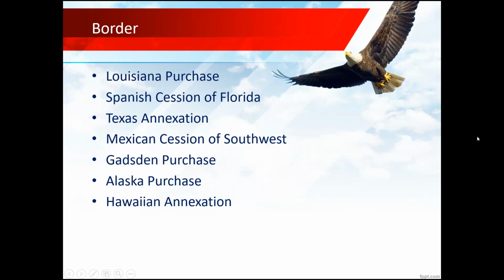So hopefully in your past instruction, your teachers taught you about the Louisiana Purchase and how the Spanish gave up Florida to America, and what happened with Texas and the U.S.-Mexican War and the Gadsden Purchase that gave us the Southwest, and how we got Alaska and Hawaii. But the moral of the story is nations have borders, but borders change. They get bigger, they get smaller. In America's case, obviously a lot bigger.